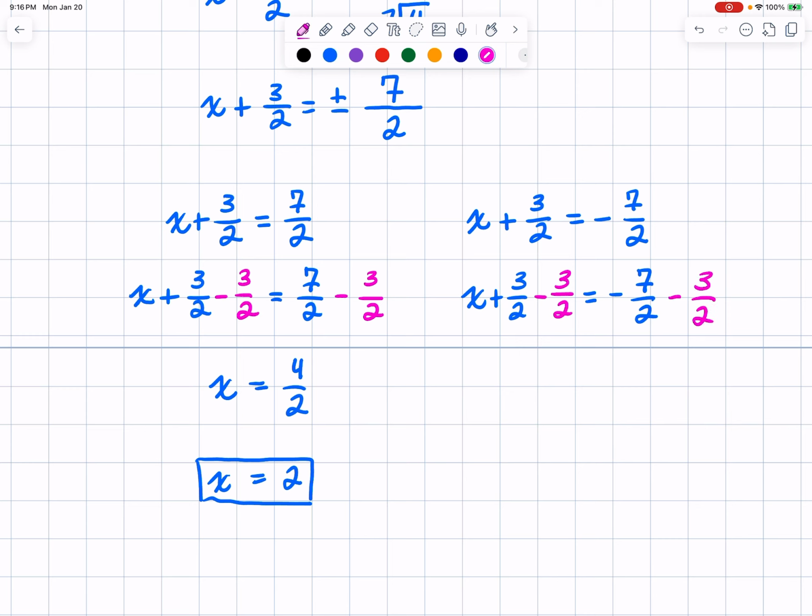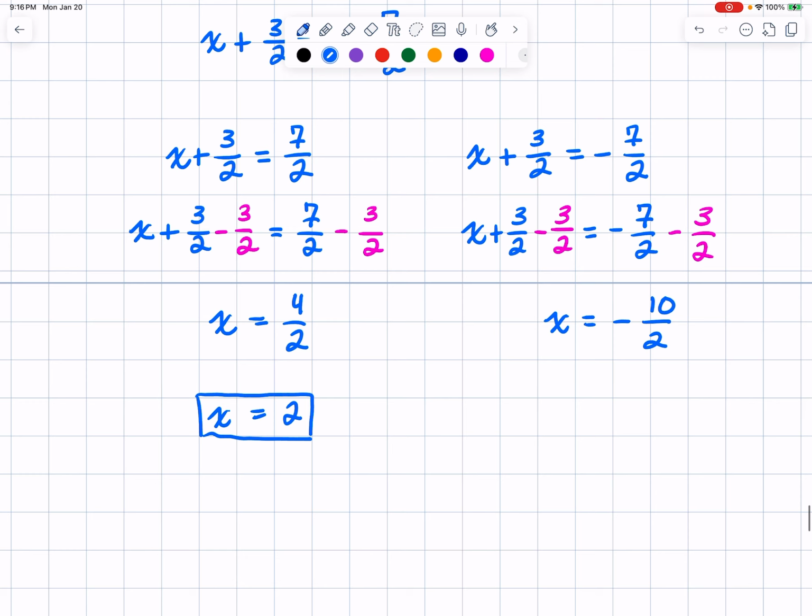And so then on the left-hand side, we're going to get just x equals negative 7 over 2 minus 3 over 2 gives us negative 10 over 2. So negative 10 over 2 reduces to x equals negative 5. So our final answer, via completing the square, is x equals 2 and x equals negative 5.